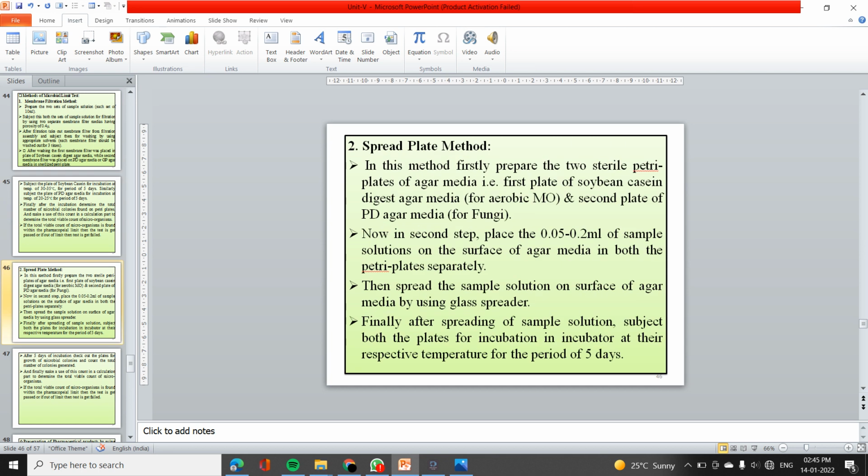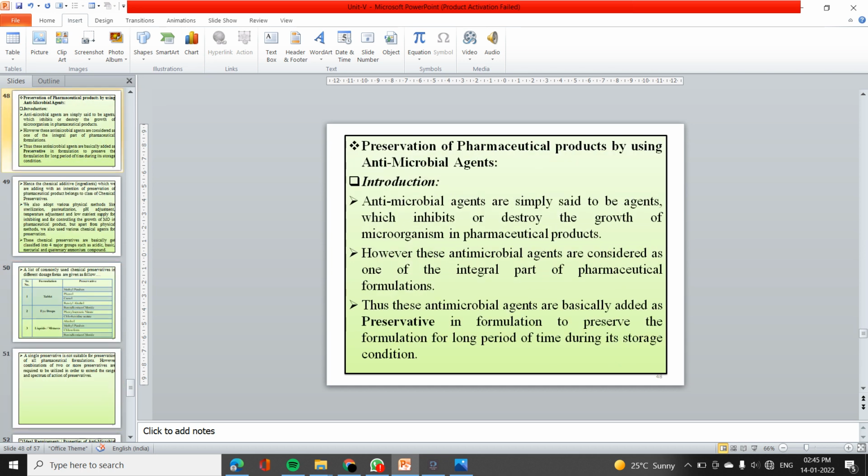Another method was the spread plate method, also used to determine the amount of microorganisms present in a specific sample. And lastly we saw how preservatives can be used in a pharmaceutical product to prevent it from microbial agents.